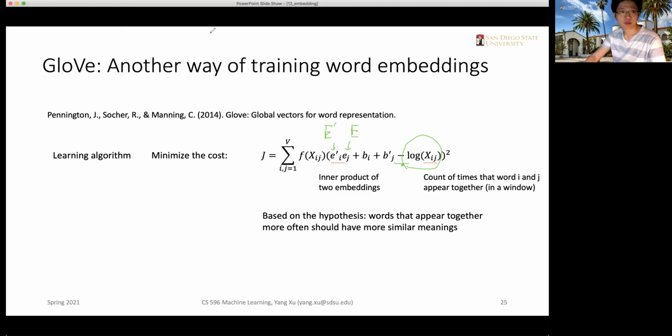So the right term here, the logarithm of Xij, measures how often two words appeared together. And this term here measures how semantically similar these two words are, right?